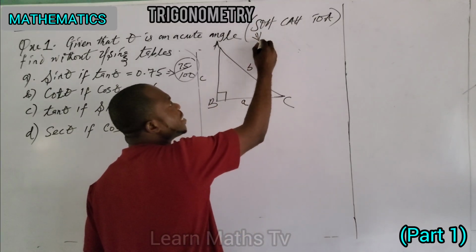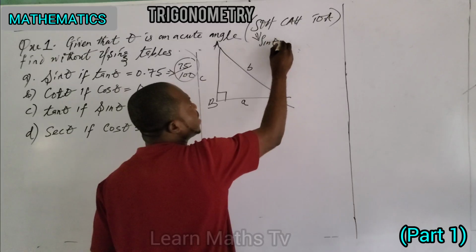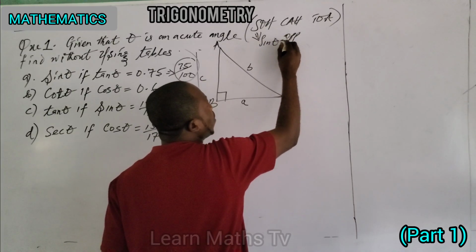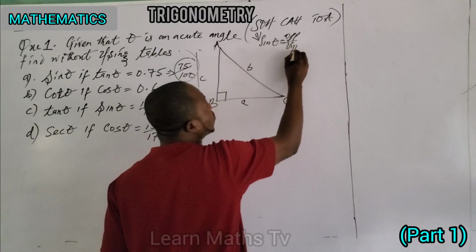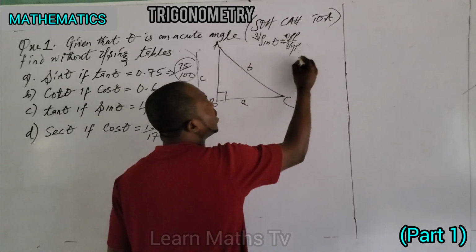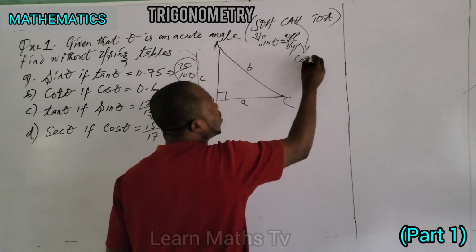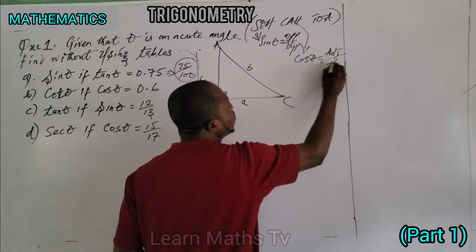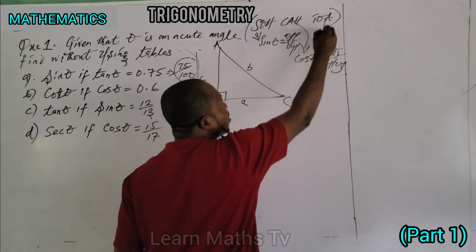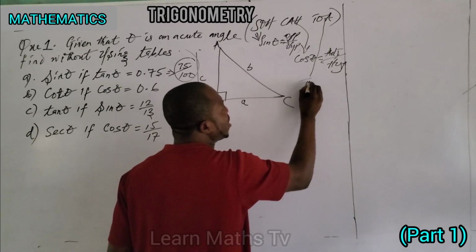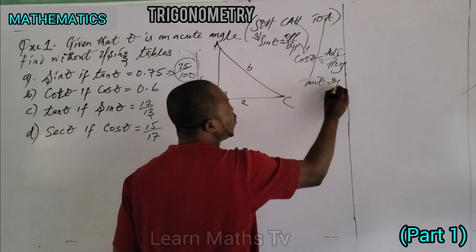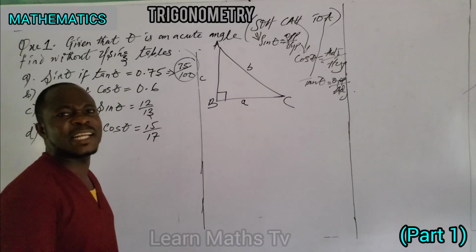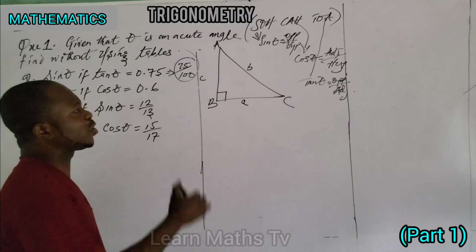S means sine, so sin theta is equal to O, opposite, over H, hypotenuse. C is cos, so cos theta is adjacent over hypotenuse. And TOA means tan theta is equal to opposite over adjacent. Forgive my skeletal method of explaining it, but it's going to help us.